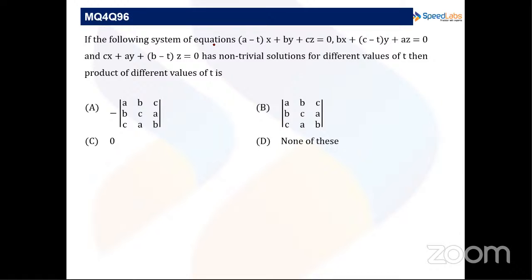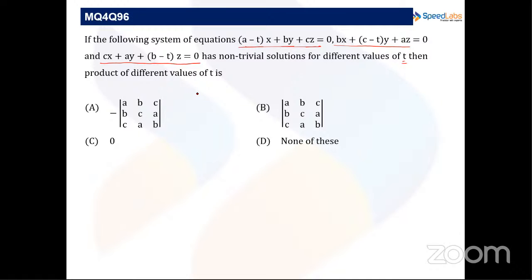In the following system of equations, (a minus t)x plus by plus cz equals 0, bx plus (c minus t)y plus az equals 0, cx plus ay plus (b minus t)z equals 0 has non-trivial solutions for different values of t, then the product of the different values of t is.